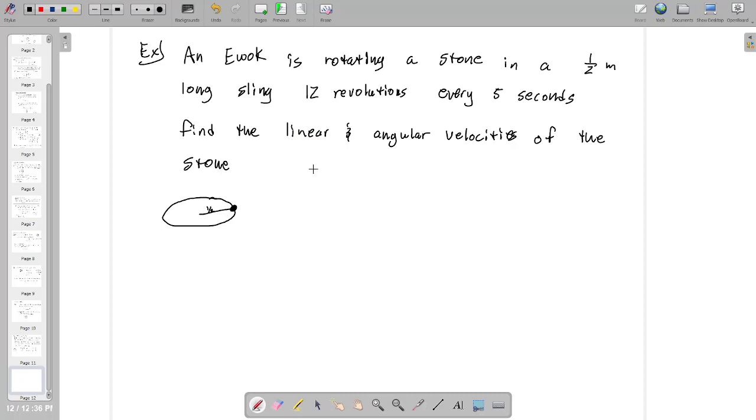So the angular velocity will be omega equals theta divided by t. How many radians divided by how long it takes. But we have 12 full revolutions.